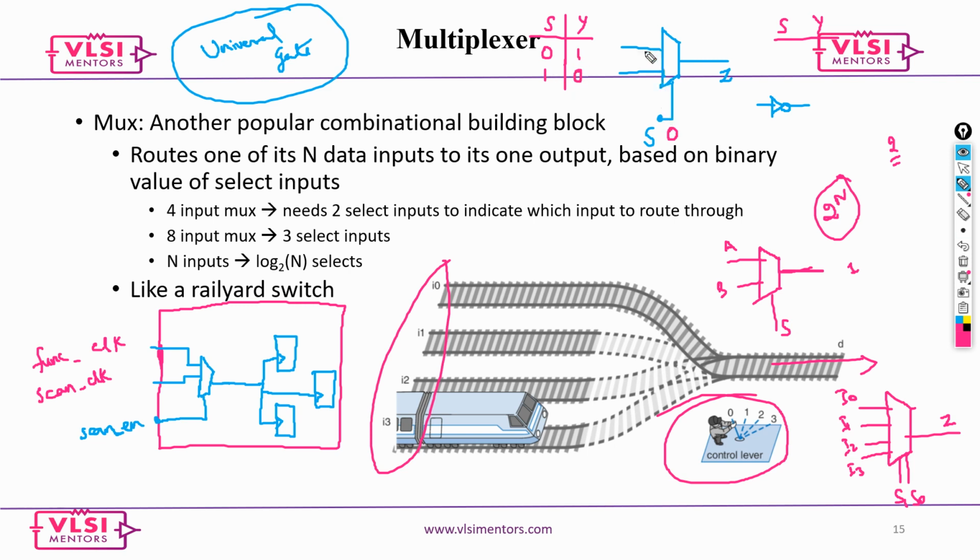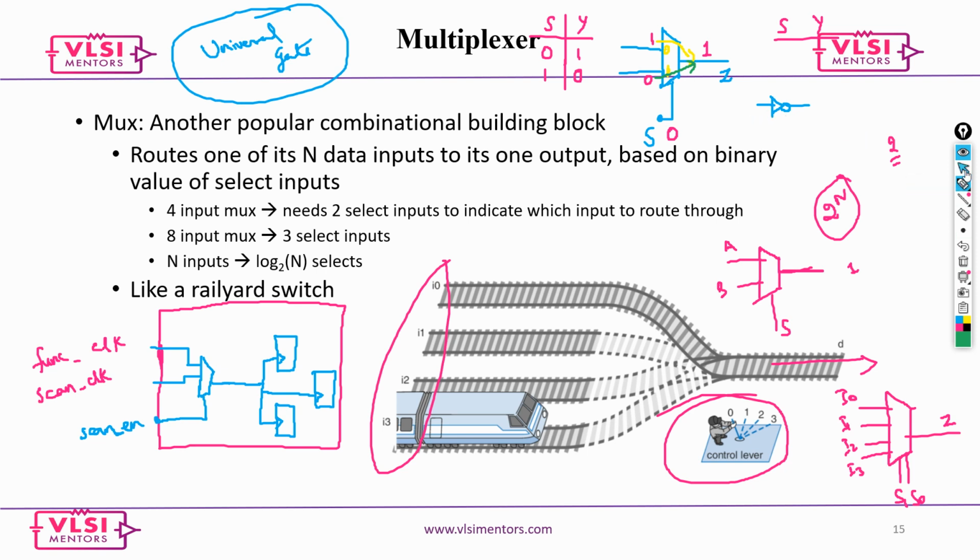So you make it 1 on the input selected when S is 0, and 0 on the other, so that when S is 0, the 1 comes out, and when S is 1, the 0 comes out. Basically, you are able to make it function like an inverter.